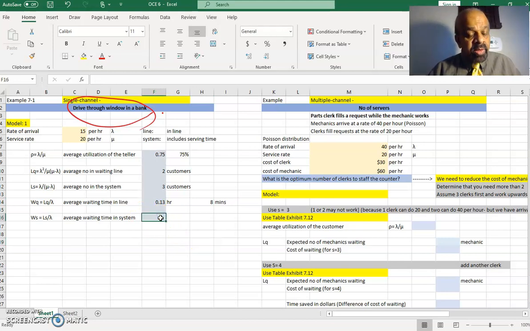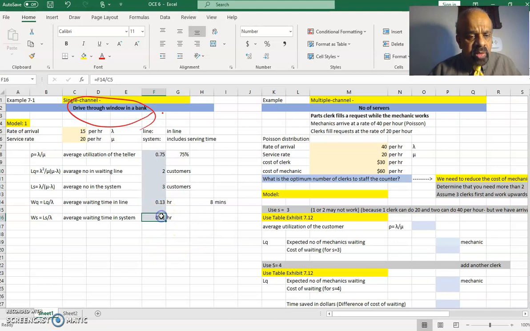WS, on the other hand, is going to be equal to LS over lambda.